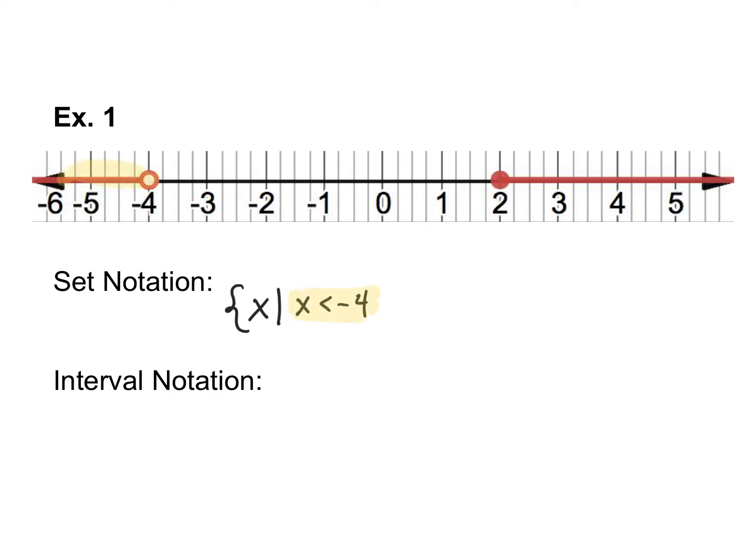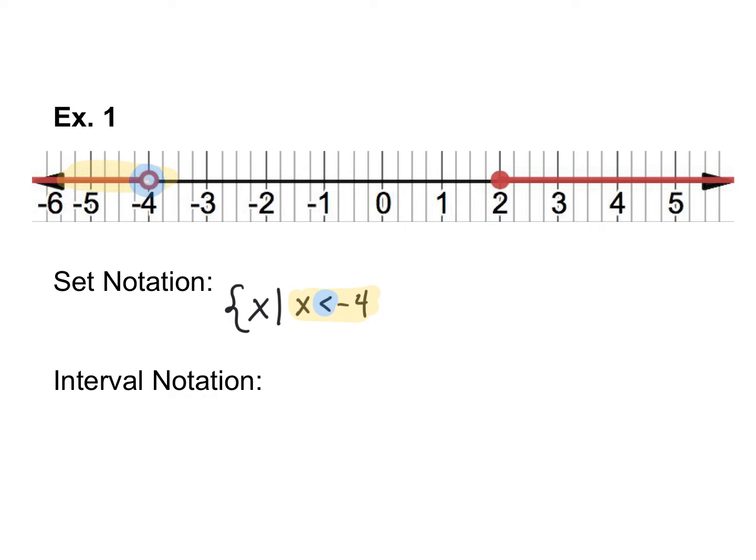This right here represents the left hand side. If you notice, that arrow is continuing towards the left, so that includes -5, -6, -7, -8, -9. Notice that it's an open circle, and because it's an open circle, we have a less than only. We don't include the equal sign.